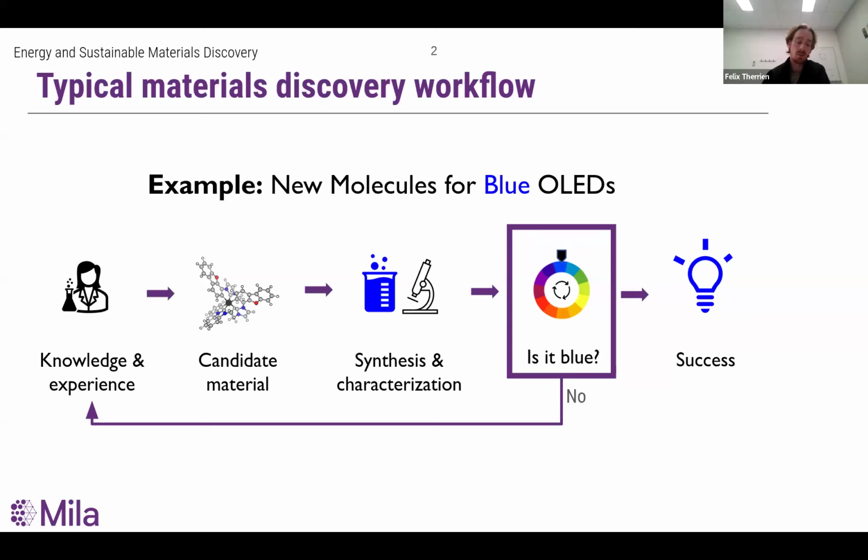So you can verify if it's blue, and then most likely it's not. And then you have to start over and try a new candidate. And that works very well. Most of the things that we have discovered so far were discovered this way. But for some problems, like climate change, there's this sort of urgency to discover new materials quicker.